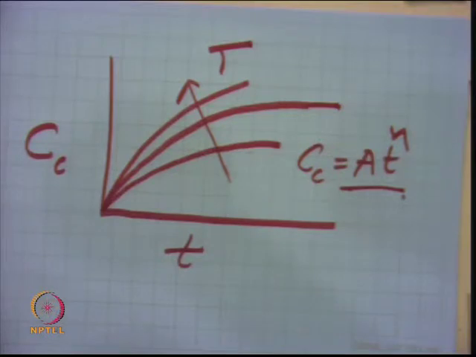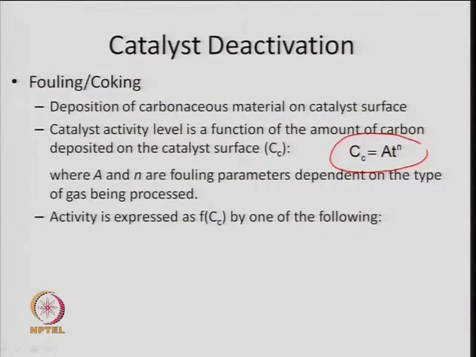In the case of fouling, as I said, there is deposition of carbonaceous material on the surface, and this is related as a function of the amount of carbon deposited on the catalyst surface, CC. That is the coke deposited, which, as I told you, can be reported in gram per meter square of catalyst.